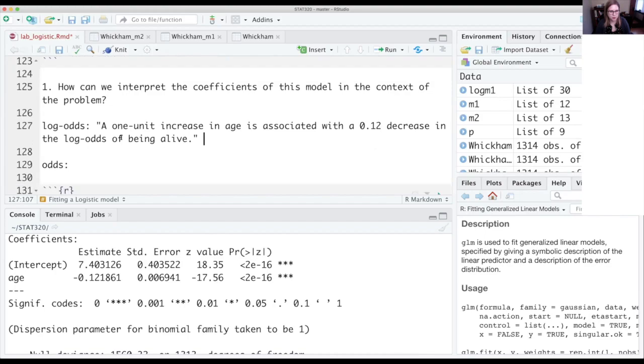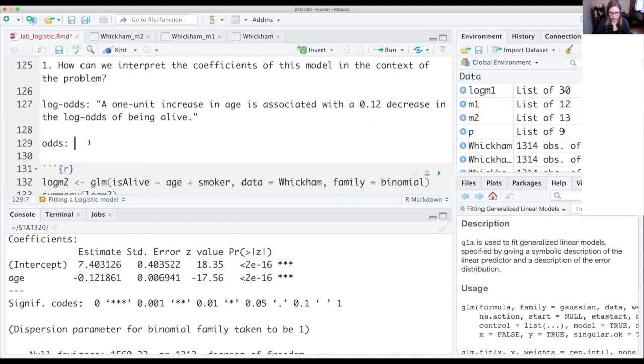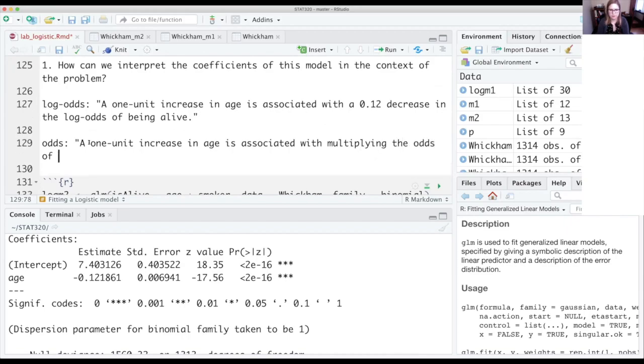But the odds is the one that is probably more useful for humans. So this one would be a 1 unit increase in age is associated with multiplying the odds of being alive by a factor of, and then I need to exponentiate this coefficient.